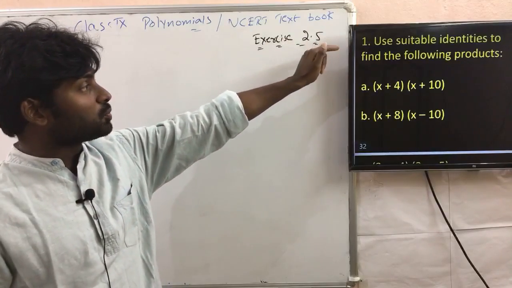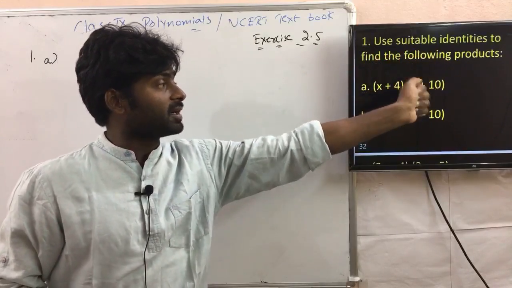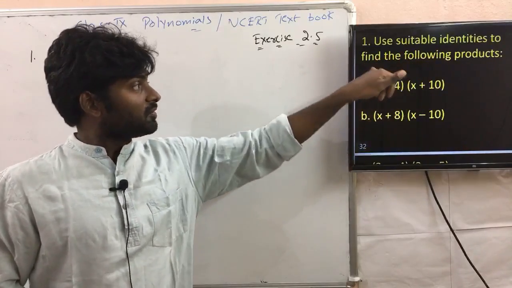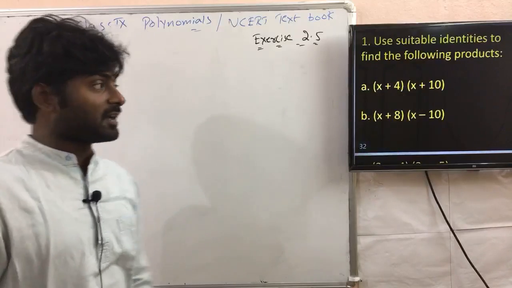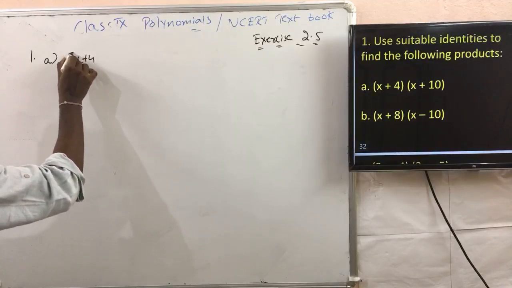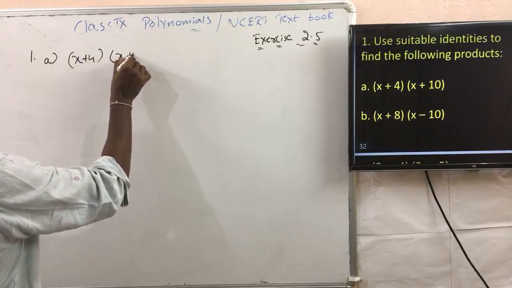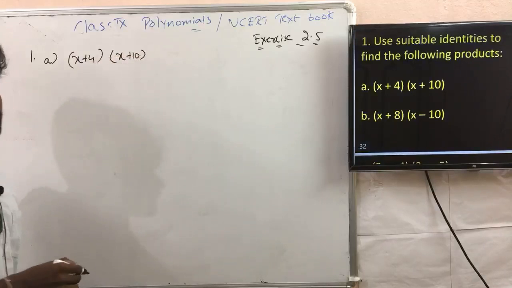What does he ask in exercise 2.5? Use suitable identities to find the following products. The first one he has given as x plus 4 into x plus 10.